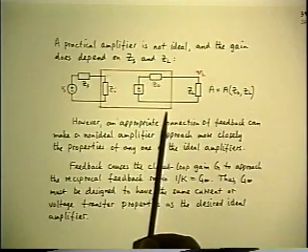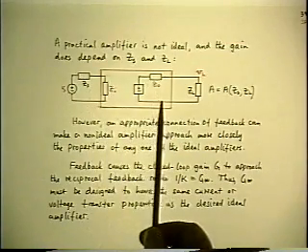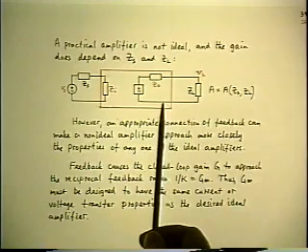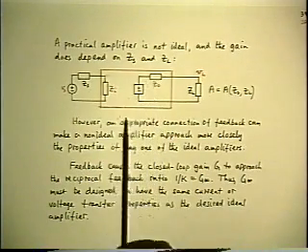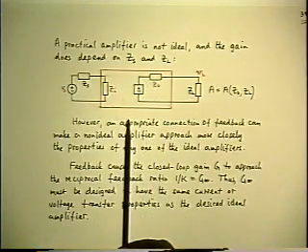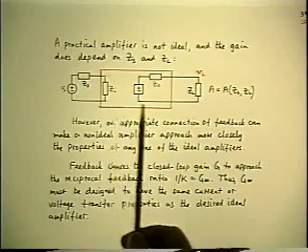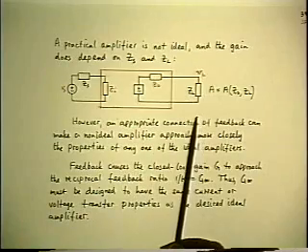Okay, the next thing is a non-ideal amplifier is non-ideal. That is, it doesn't meet any of the four limiting conditions. And you can't even say, except quantitatively, which one it might be closer to.